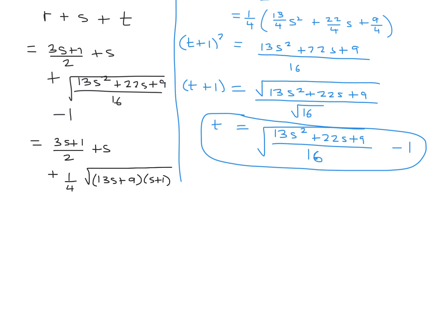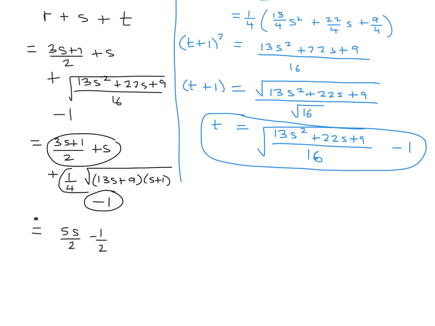I believe that's how it works. Yeah, 13s squared is 13. Yeah, that's how it works. Okay, so now we're going to approximate. That's why I put that little approximation symbol right here. This 3s plus 1 over 2 plus s, when you simplify it, becomes exactly 5s over 2 minus a half.